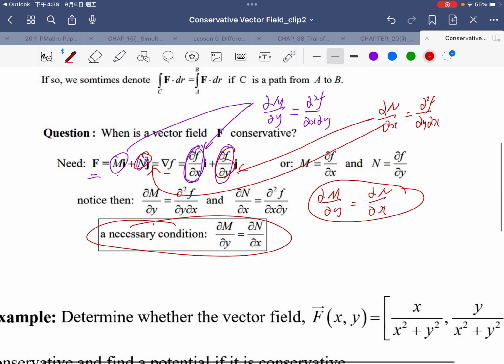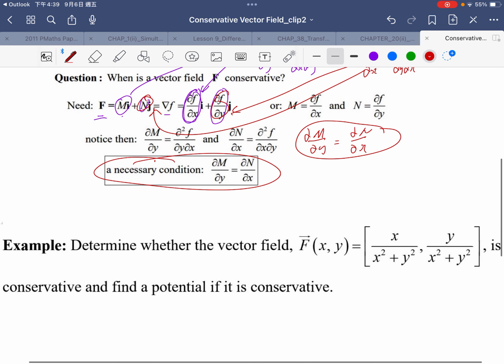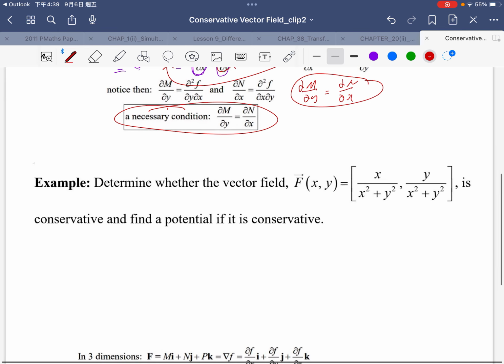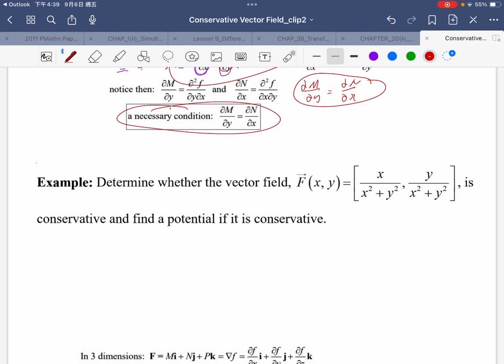Here we try to demonstrate this through an example. Given a vector field F, please remember this is the first component and this is the second. The first component is ∂f/∂x.